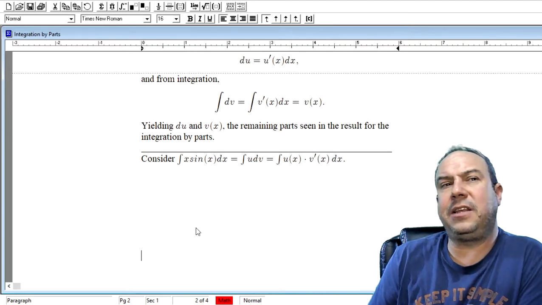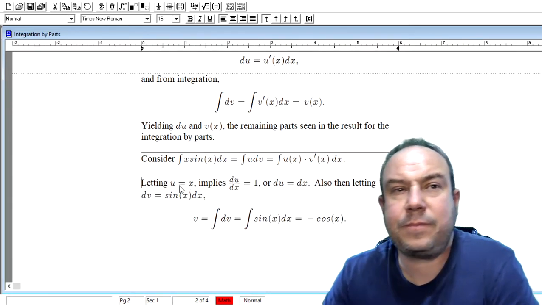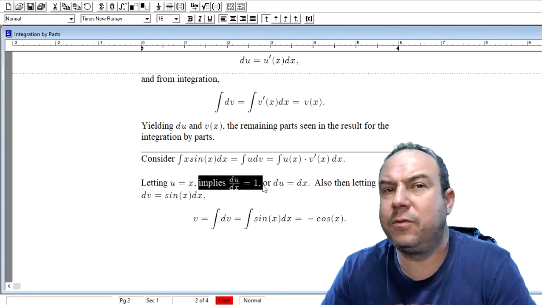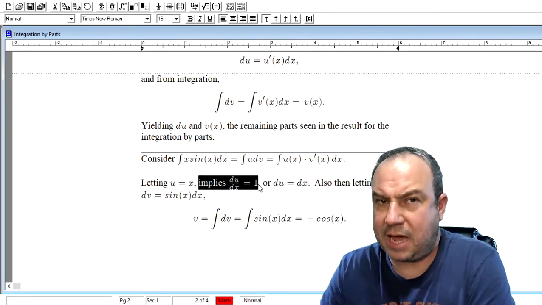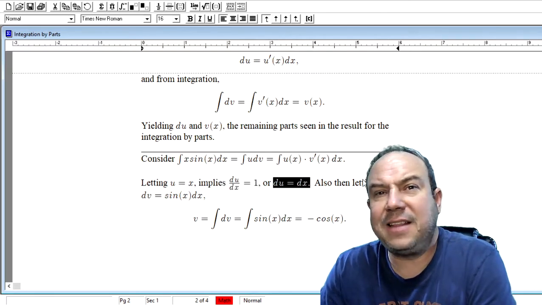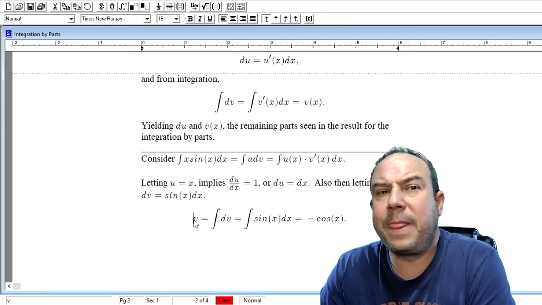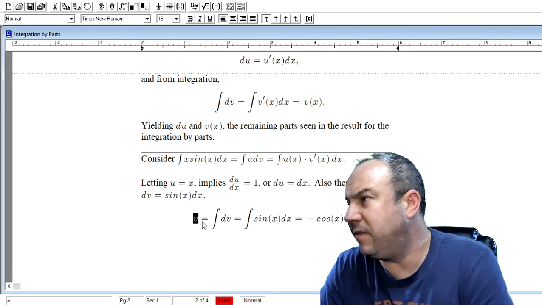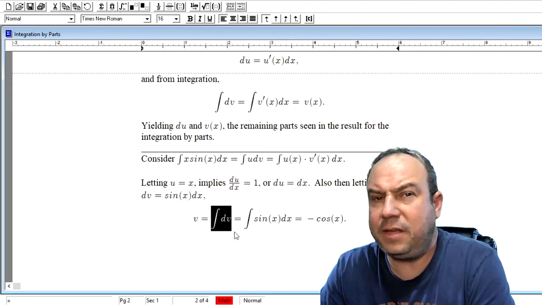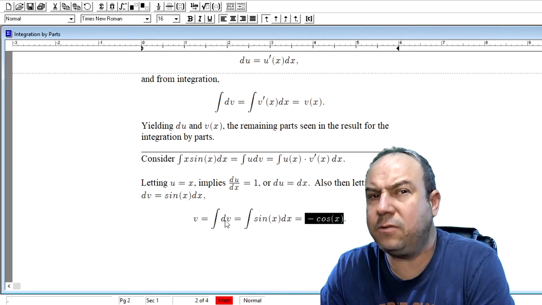If we consider letting u equal x, that does imply through differentiation that du dx would be equal to 1, or du would simply equal dx. And letting dv equal sine x dx, from integration we can find v. V is going to be the integral of dv, which would be the integral of sine x dx, which would equal negative cosine of x.